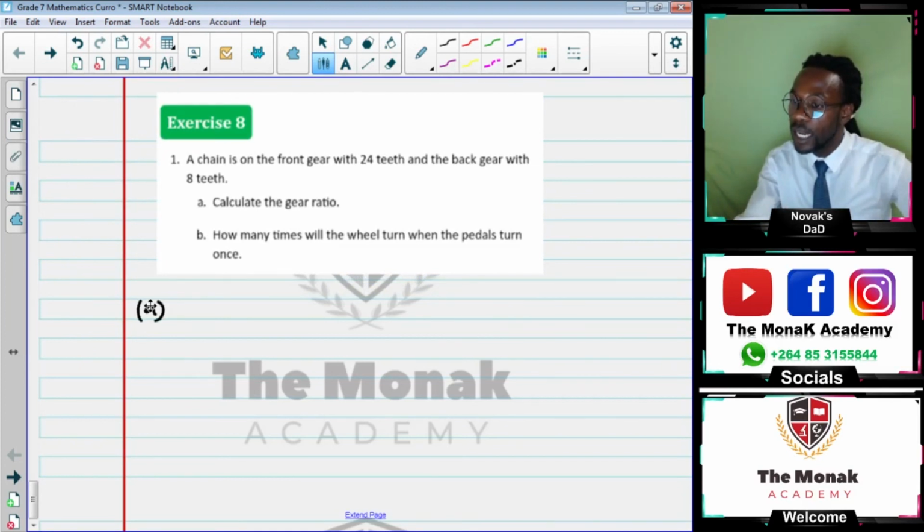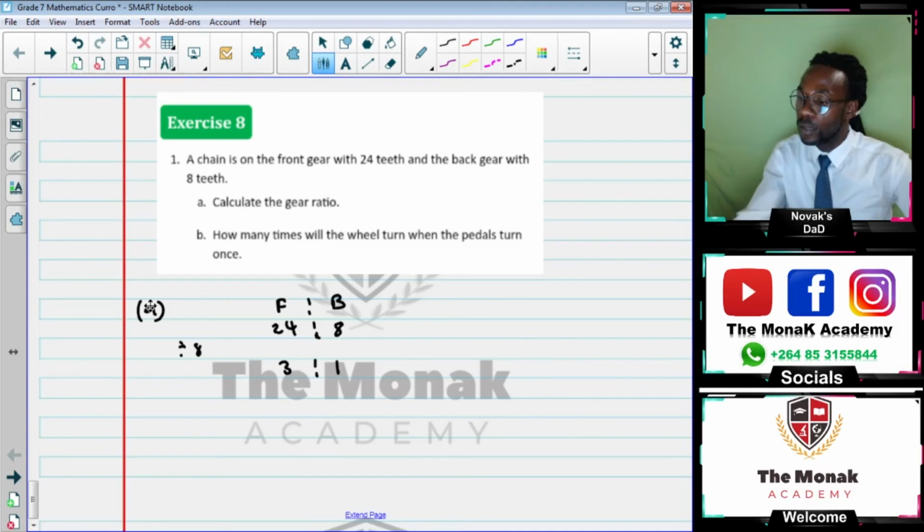So they said a chain is on the front gear with 24 teeth and the back gear with 8 teeth. So front and back. The front has 24, the back has 8. Right? That's calculating the ratio. So 24 is to 8. We simplify, we divide by 8. We get 3 is to 1. So that's the ratio in its simplest form.